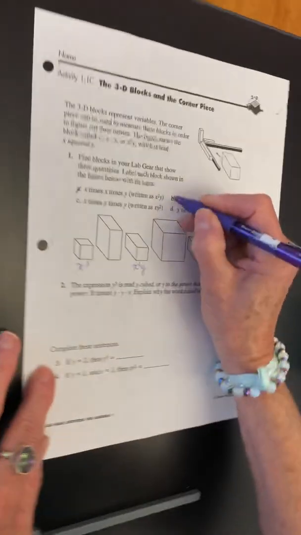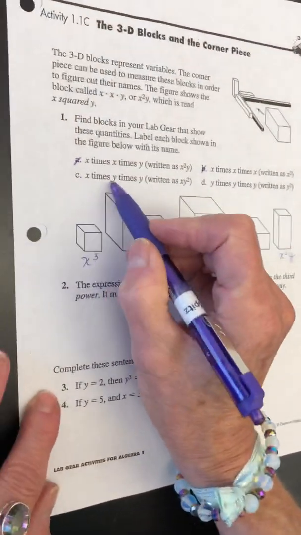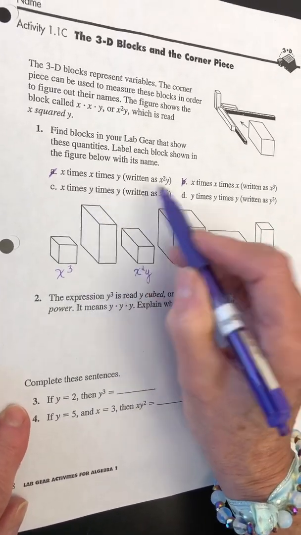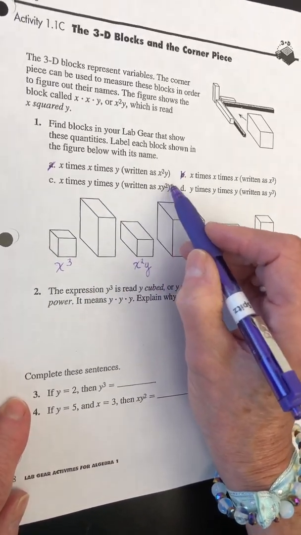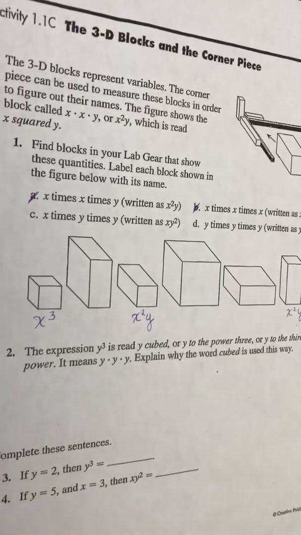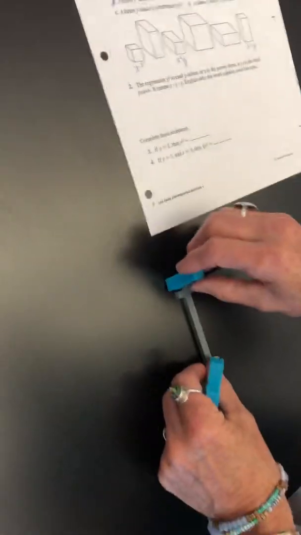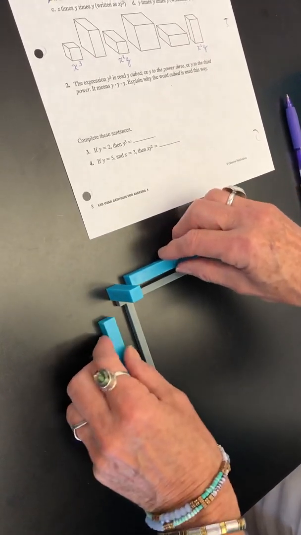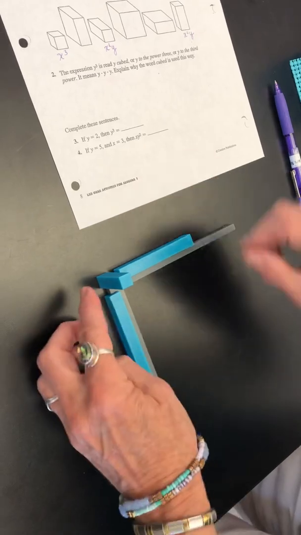And let's look at C, which is x times y times y. All right, 2 y's, so we have a y squared, x y squared. All right, so let me get my pieces. So again, you can put the x up as the height if you'd like, and your y's as the length and the width there.